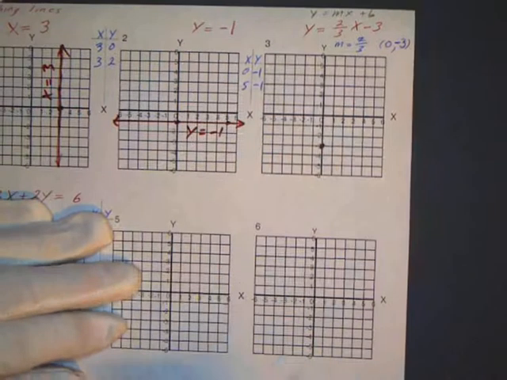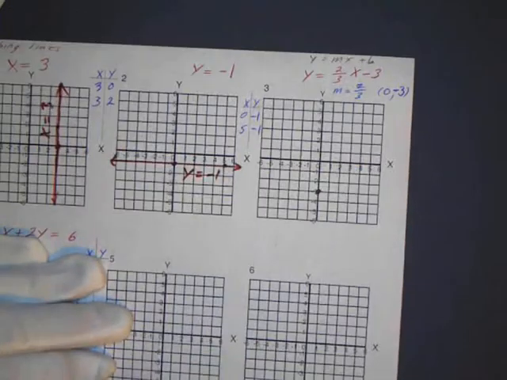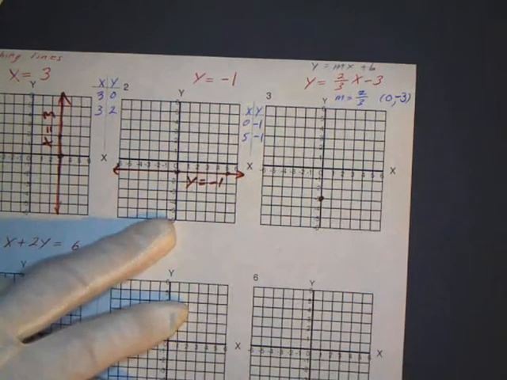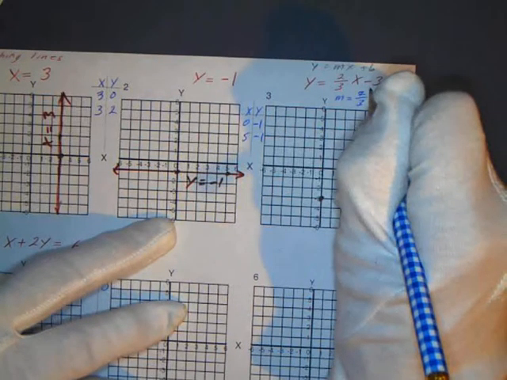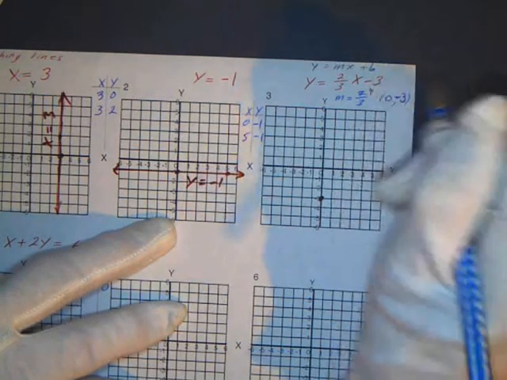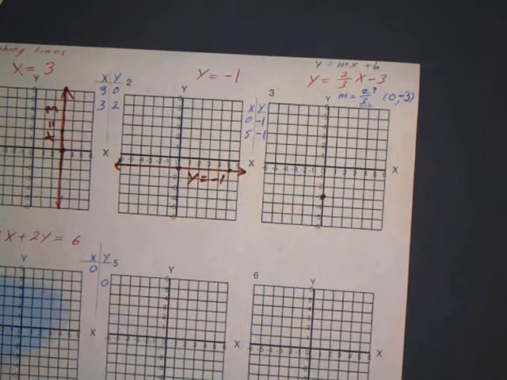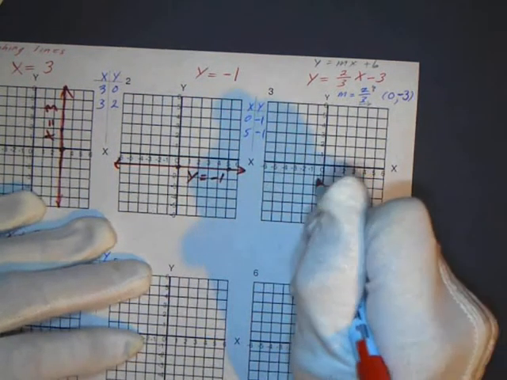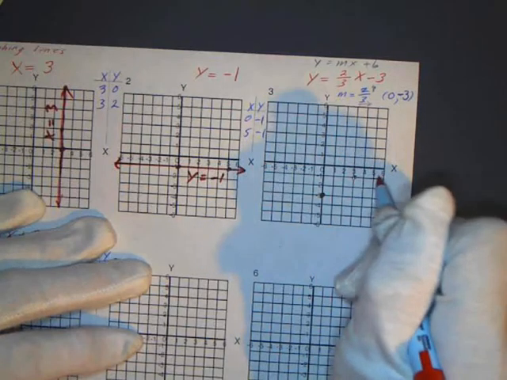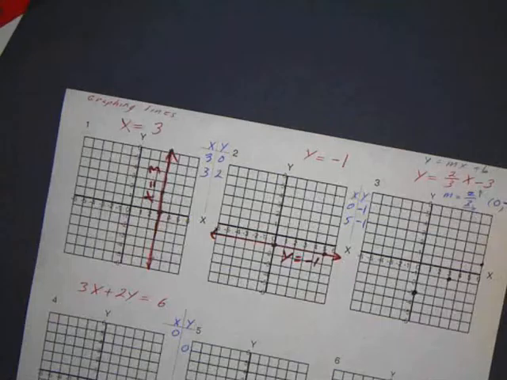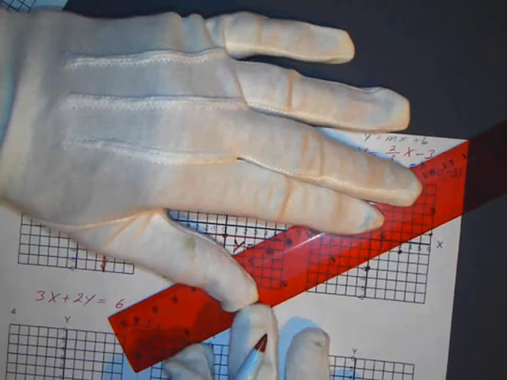Now my slope is 2 over 3, so that means I go up 2 over 3, so that means this is my vertical and horizontal changes. So I'll go up 2 over 3, and there's my second point. I could get another point by going up 2 over 3 if I want, but I only need 2 points, and I connect that with a line, and I'd be in business here.